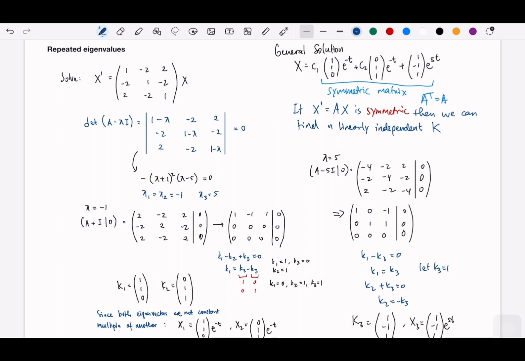So I think if your calculators can input in the matrix form, it will be very helpful for you.